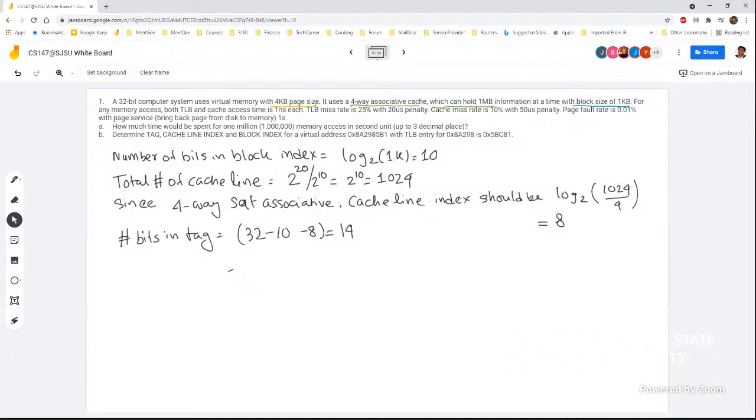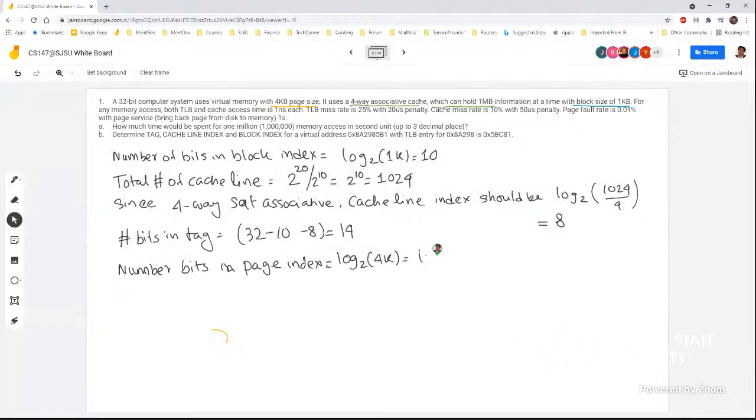It says 4 kilobytes, right? So the number of bits in the page index is log base 2 of 4K, which is 12.